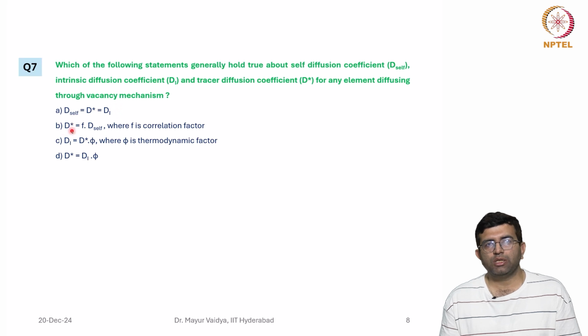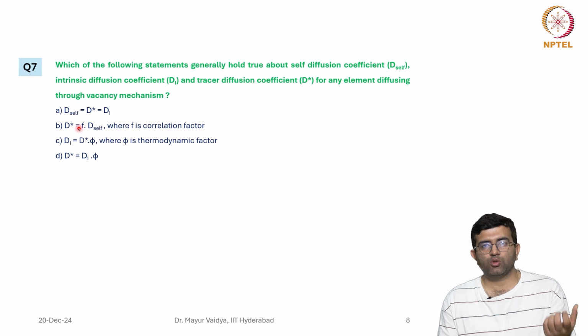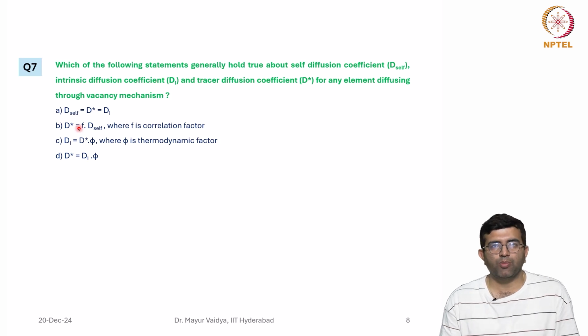The second option, D star is equal to f into D self, where f is the correlation factor. This is the correct relation. Because of the probability of reverse jump being higher in the vacancy mechanism, since the vacancy is available next to the atom after it has made a jump, you have this correlation factor.